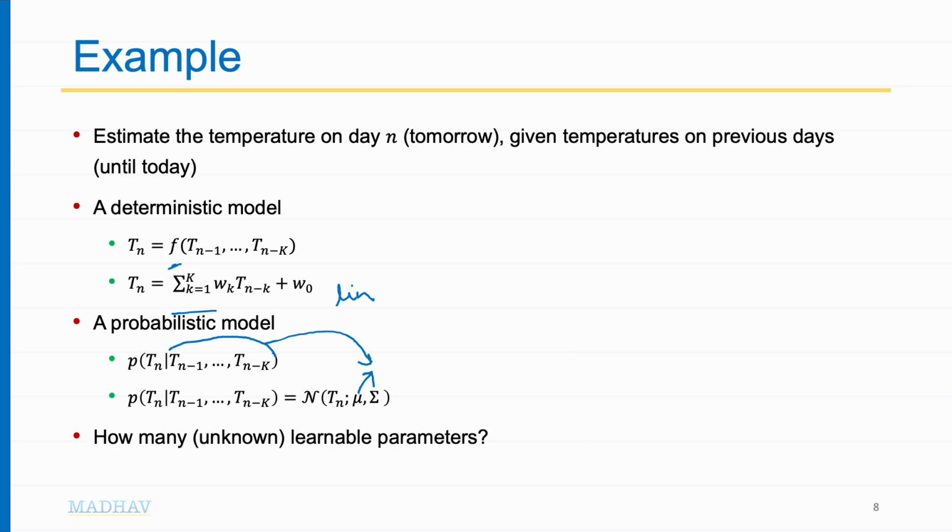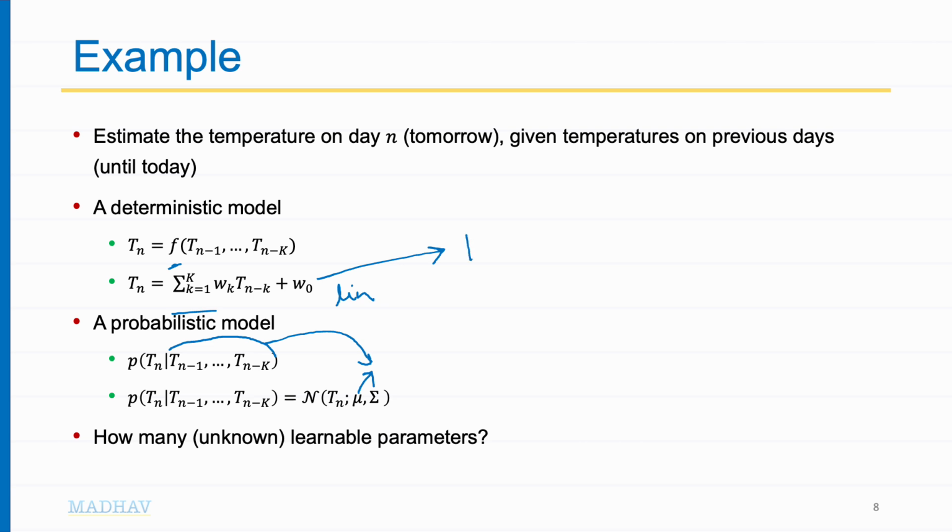Now, the question you may ask is, once you have a learnable model, how many unknown or learnable parameters are there in the model? How many weights and biases are there? Let's say in this first model, the linear regression model, what's the answer?